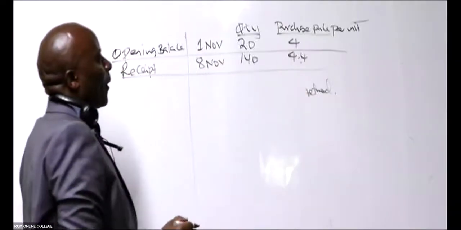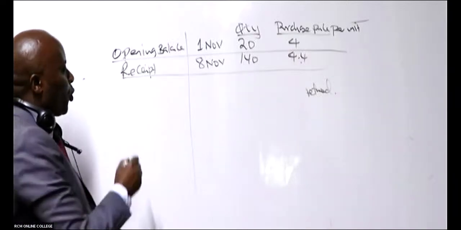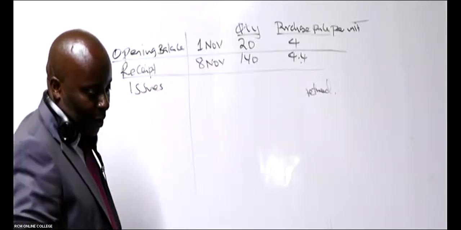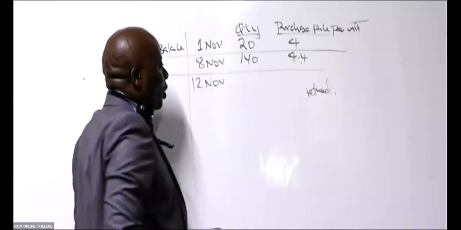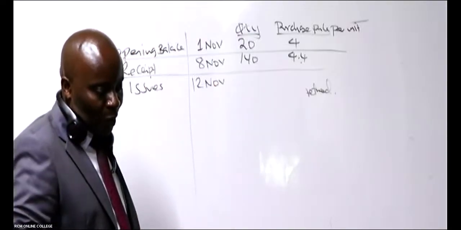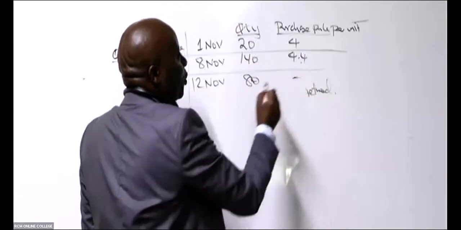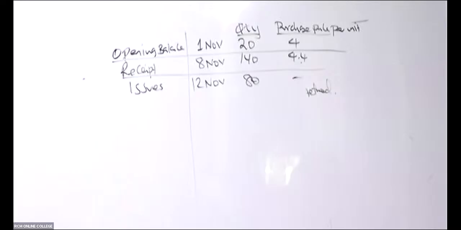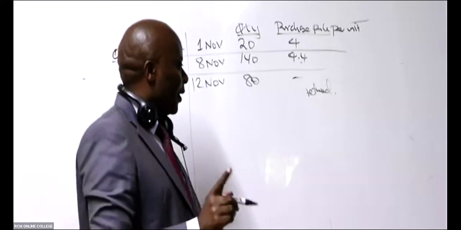Then we had issues, on the 12th of November. We issued 80. Whenever you're issuing, the purchase price cannot be given, and if it's given, it is irrelevant.